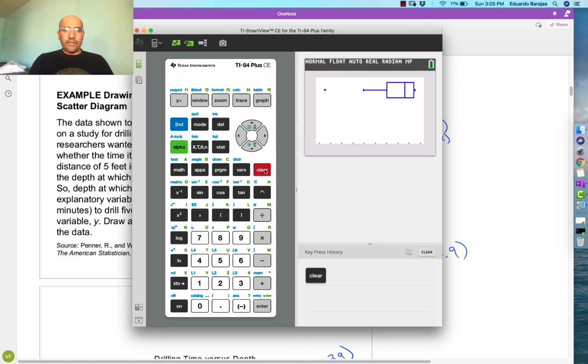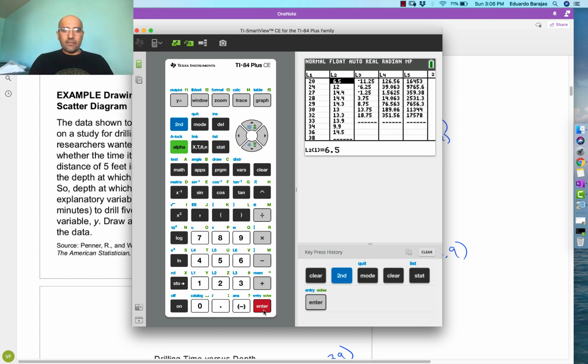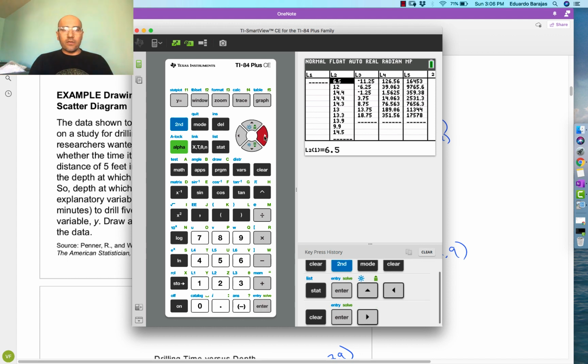Okay, so turn it on, hit clear, hit second, quit, get out of whatever screen you're on, then go to Stat, Edit, and then we're going to work with, say, the first two, list 1 and list 2. So hit clear, enter. Make sure that you're up there where the L1 is dark. Go up to L2, make sure the L2 is highlighted, and then hit clear and enter.